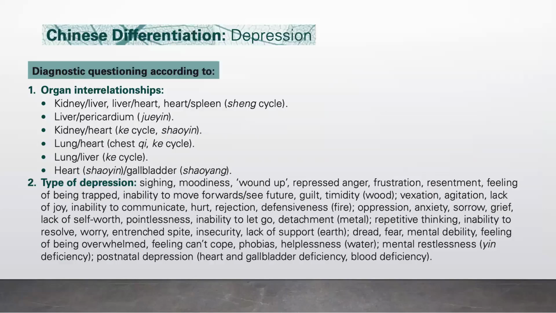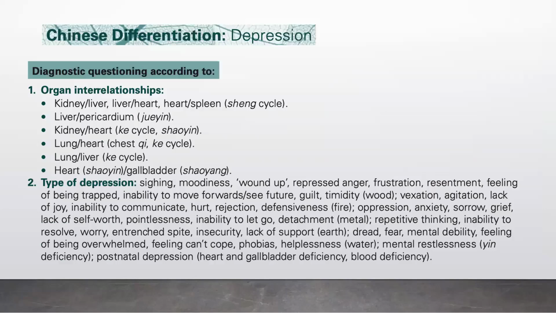Repetitive thinking, inability to resolve, worry, entrenched spite, insecurity, lack of support, this indicates a disharmony of the earth. Dread, fear, mental debility, feeling overwhelmed, feeling can't cope, phobias, and helplessness indicate a disharmony of the water element.